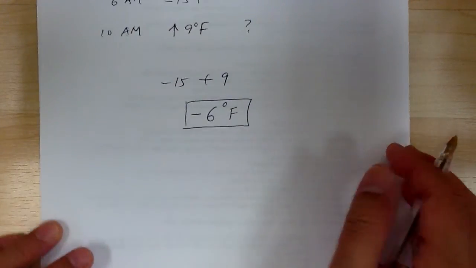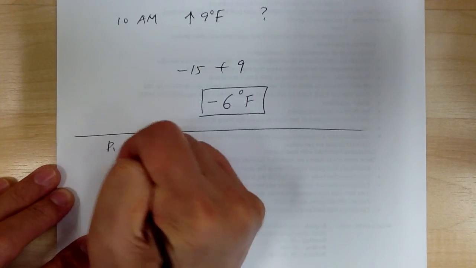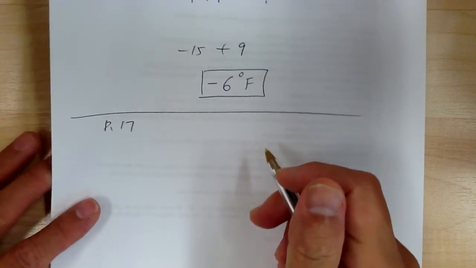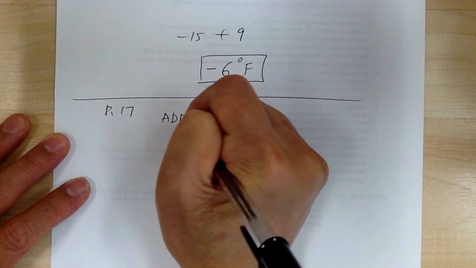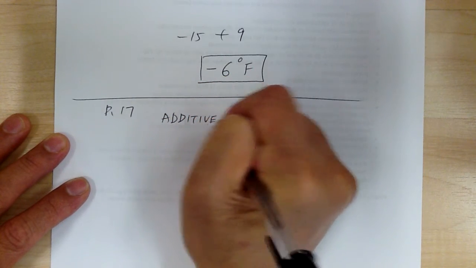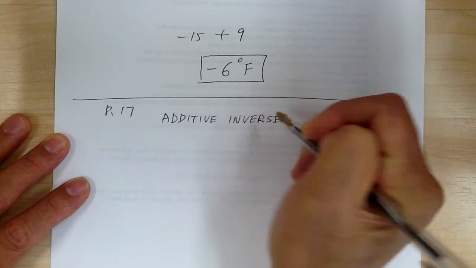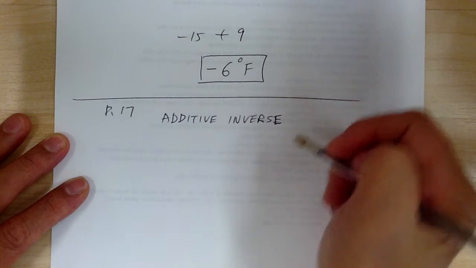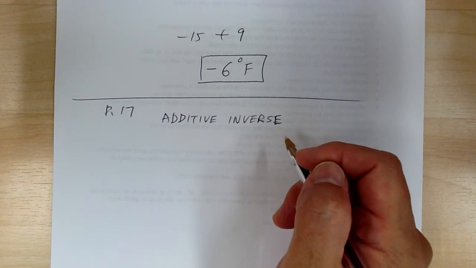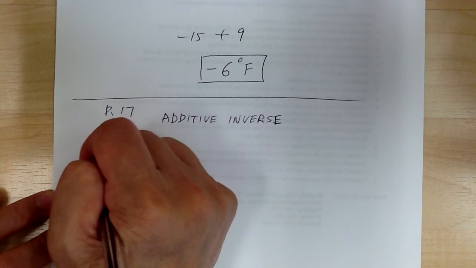Okay, let's go to, on the bottom of page 17, there's a couple more definitions. The additive inverse. Additive inverse is the opposite number. So for example, let's go to example 14.